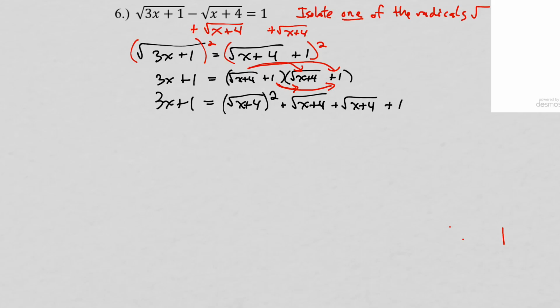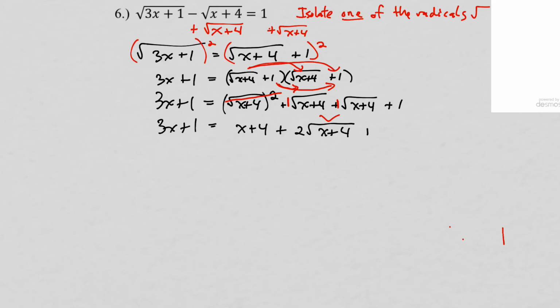So what we're going to do is put those two together to make 2 of those. And the power of 2 and the square root, they're opposites, they're inverses, so they actually cancel the signs out, not the term. So the sign is canceled out. That's great. Leaves us x plus 4 by itself. These two are 2 radical x plus 4s. And I'm getting the 2 from the 1 plus the 1 right there, the coefficient of those guys.